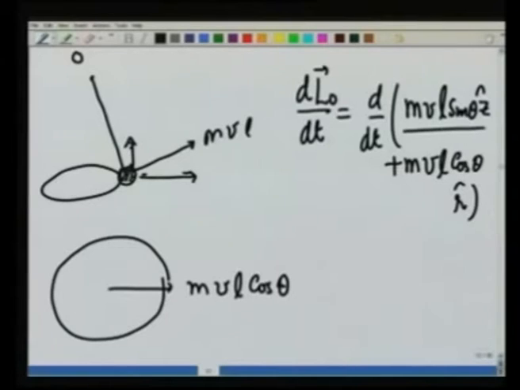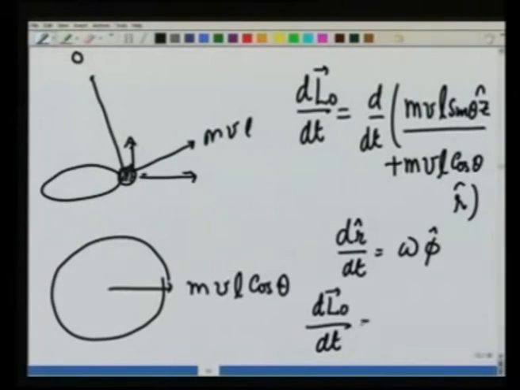In the first term, m, v, L, theta, z all are constant. So, this derivative is 0. In the second, m v L cosine theta are constant, but r unit vector keeps on changing. And if you recall from first or second lecture, dr over dt is nothing but omega in phi direction, and therefore, I get dL_O by dt as m v L cosine theta omega in phi direction, and we will see what omega is.